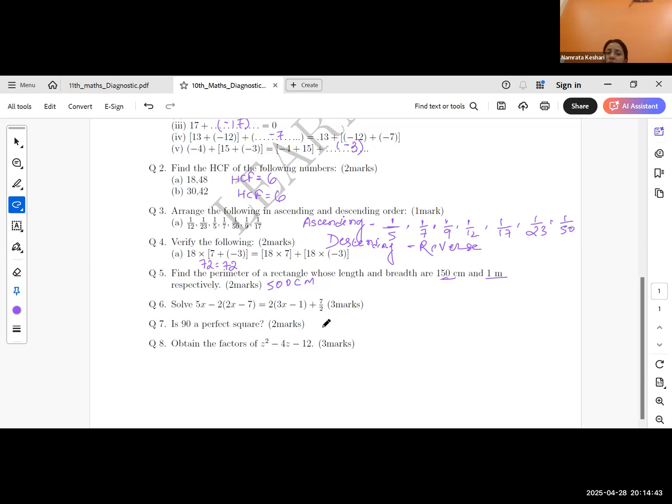Is 90 a perfect square number? No. Please do the factorization of this quadratic polynomial. Minus 12, minus 4, and plus 6 plus 2.